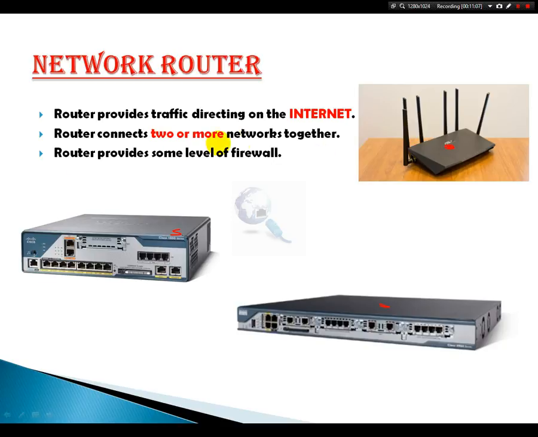Router connects two or more networks together. Okay, let's just say that your ISP, your internet service provider, is one network. Your ISP is connected to many other networks. Okay, let's go through this again.